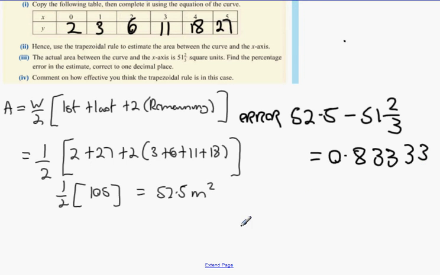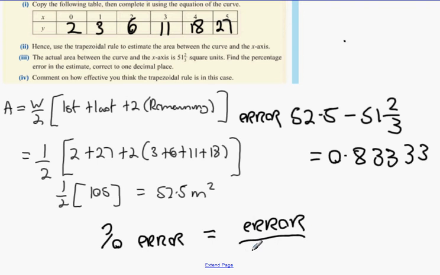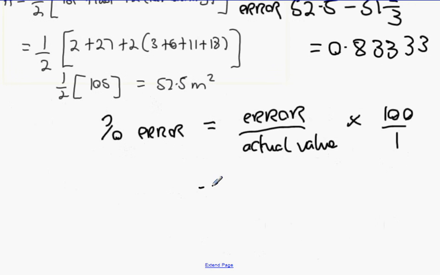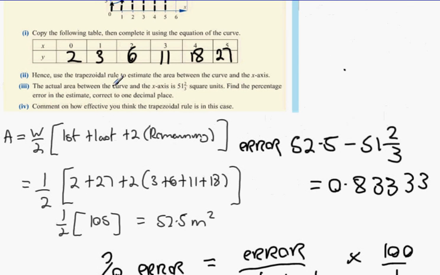Next thing, percentage error equals error over actual value. Now this is the problem that most people make, they get confused which value they're meant to use on the bottom. Is it 52.5 or is it 51 2/3? It's 51 2/3 because the question says this is the real area.